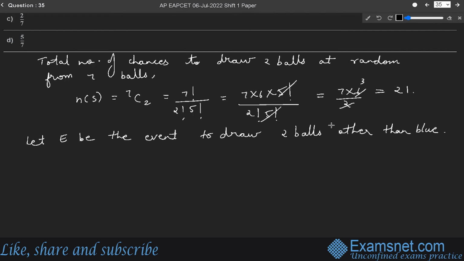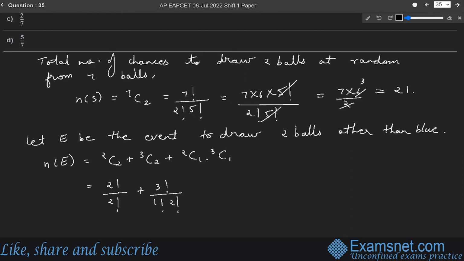Therefore, the number of chances to draw 2 balls other than blue will be n of E, which will be 2c2 plus 3c2 plus 2c1 into 3c1, which will be 2 factorial upon 2 factorial plus 3 factorial upon 1 factorial into 2 factorial plus 2 factorial upon 1 factorial into 1 factorial into 3 factorial upon 1 factorial into 2 factorial. So it will be 1 plus 3 plus 6, which is equal to 10.